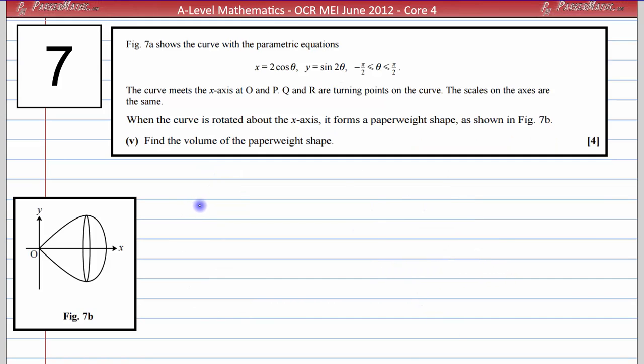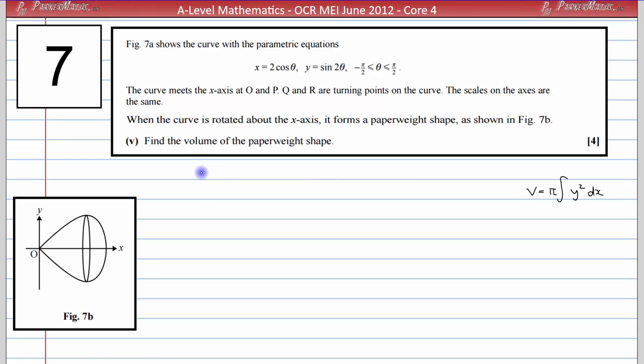Finally, in part 5, it says when the curve is rotated about the x-axis, it forms a paperweight shape as shown in figure 7b. We need to find the volume of the paperweight shape. Using our formula for volumes of revolution, the volume is equal to pi multiplied by the integral of y squared with respect to x.